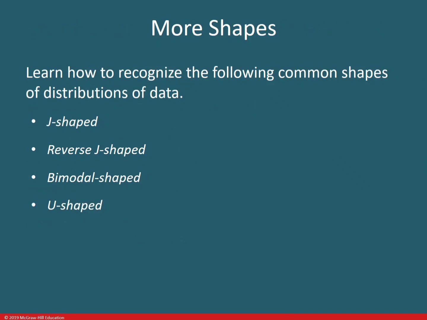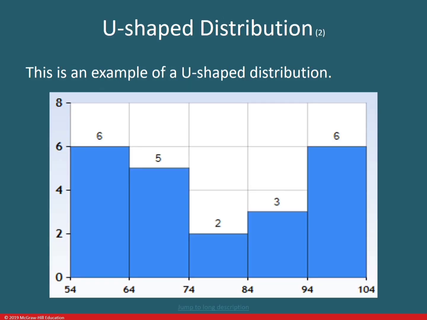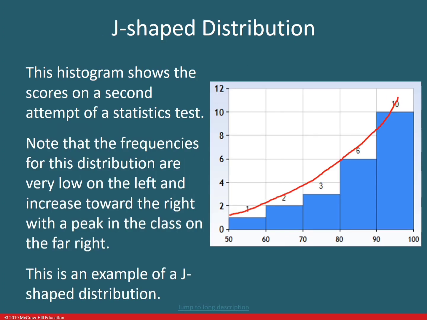And there are 4 others: J-shaped, reverse J-shaped, bimodal shaped, and U-shaped. So here is a U-shaped. You can see that it kind of looks like a U. Here's a J-shaped. As you can see, it is similar to a positively skewed, but if you look at it, it's more evenly out, right?